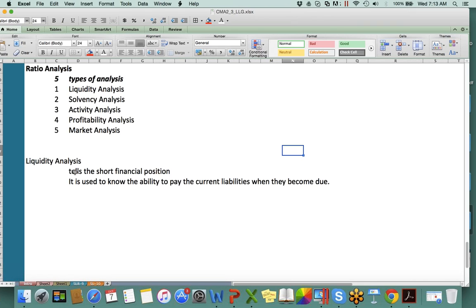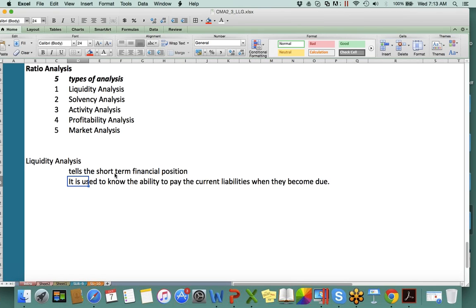When you think of liquidity analysis, think of short-term financial position. Short-term financial position means whenever the current liabilities become due, with no waiting, the current assets are to be used to pay them. So we understand that there should be enough current assets to pay current liabilities.